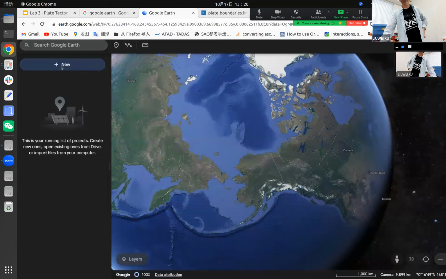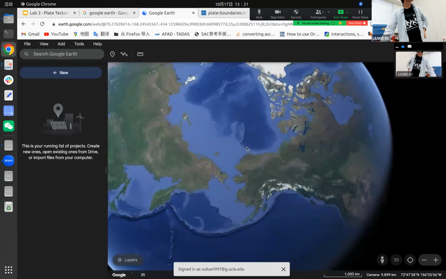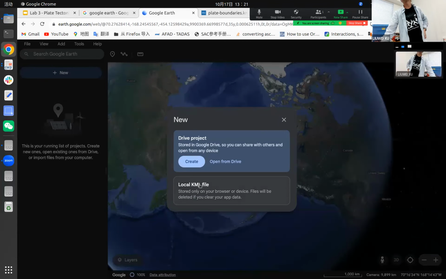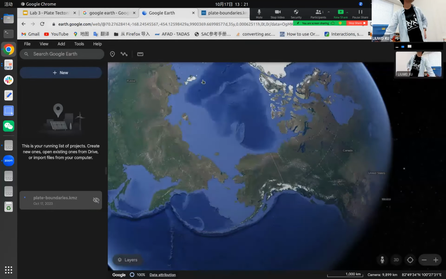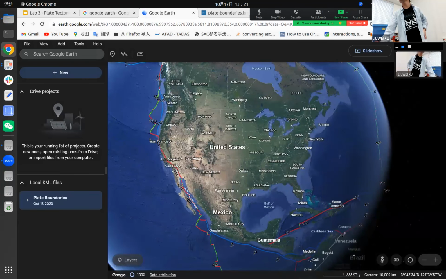To import the boundary file, we click New, and we already downloaded the file, so we import from local. And this one, plate boundaries.kmz.